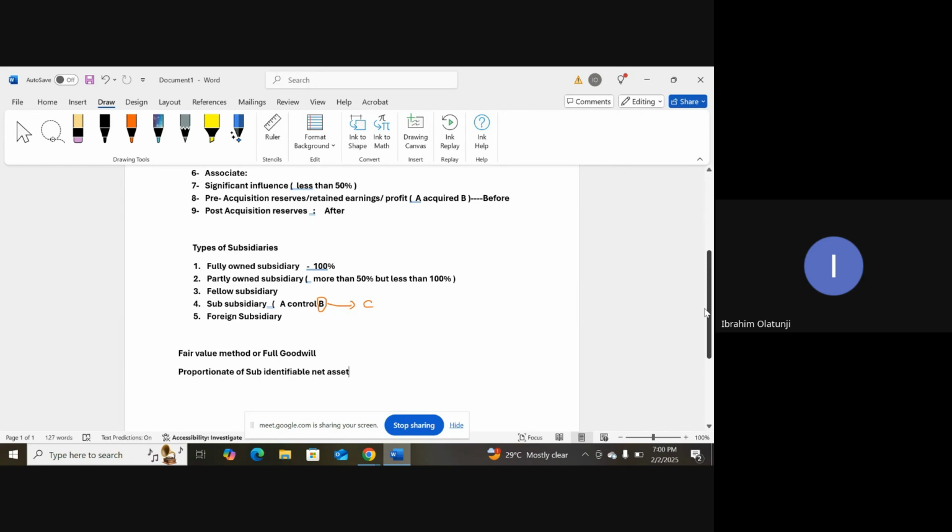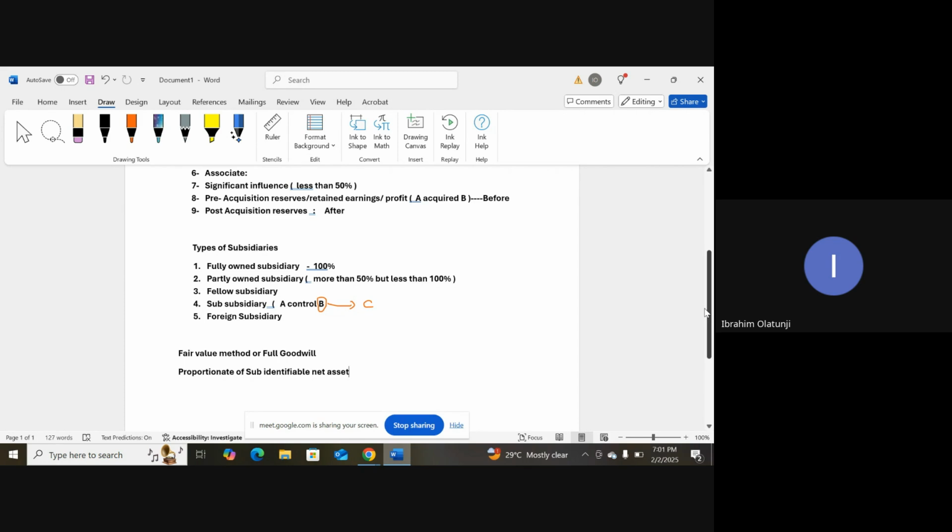It's part of the condition that we must ensure is available. Not all of them have to be present; it is either one among what I'm going to tell you. Number one is the market price per share of the subsidiary, if it is given. Number two is the fair value or market value of the subsidiary, if it is given.